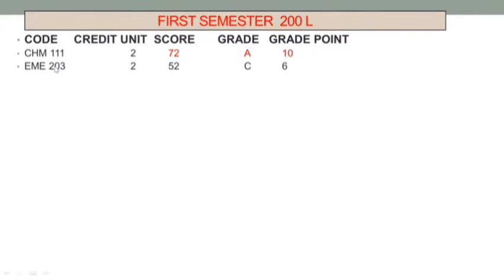So other courses registered in 200 level, EME 203 is a 2 unit, candidate score 52, which is C, and the point earned is 6. Other courses, 2 unit, score 42, and the grade E, the point earned is 2. Other course, ENT 211 is a 2 unit, score 74, A, the point earned 10.